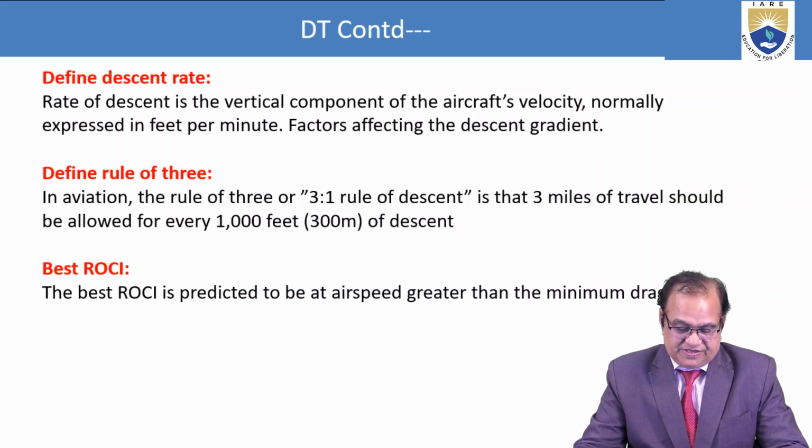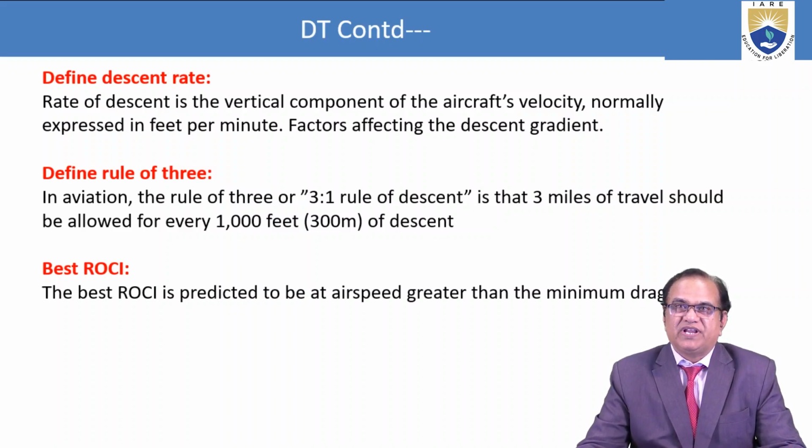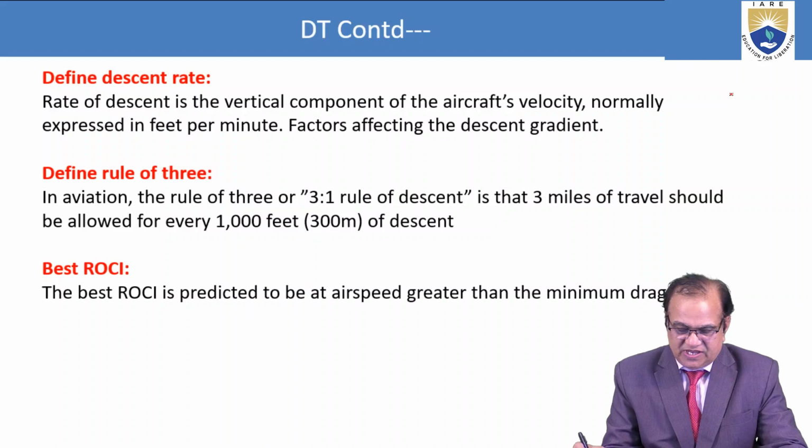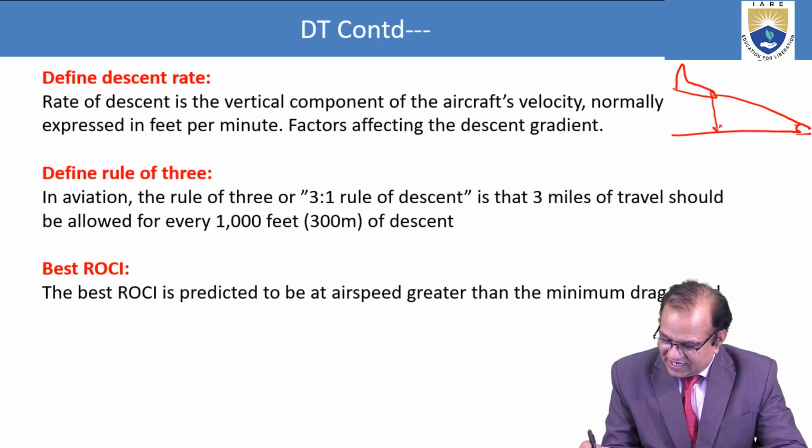Define descent rate. Rate of descent is the vertical component of the aircraft velocity, normally expressed in feet per minute. So if you see here, if your aircraft is descending from here, this is your earth, so it is descending like this. So this is the vertical.